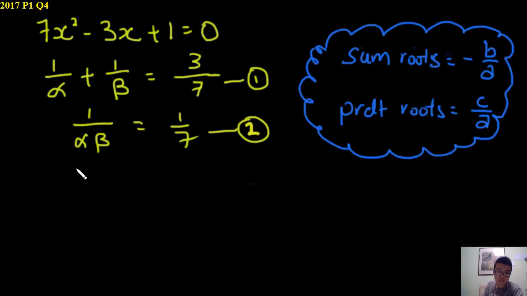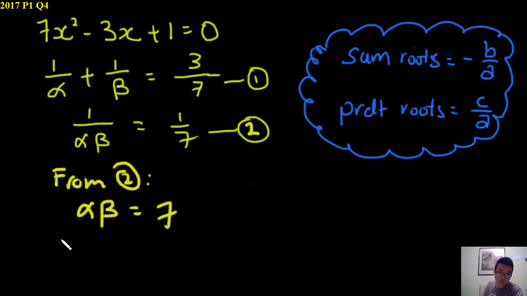What you realize is that from 2 itself, you can very easily just straight away get your product alpha beta being 7. So from here 1 is the usual formula that we always use.